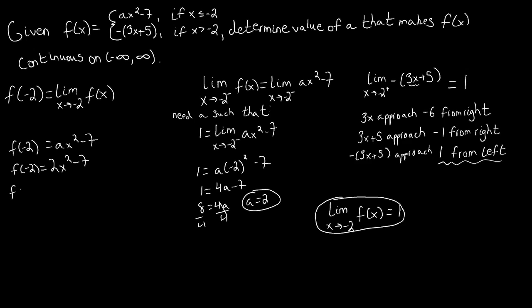So we get f of negative 2 is 2 times negative 2 squared minus 7, or 2 times 4 minus 7, or 8 minus 7, which is 1. So f of negative 2 is 1. The limit as x approaches negative 2 of f of x is 1 when a equals 2. So now we have found the value that makes f of x continuous from negative infinity to positive infinity.